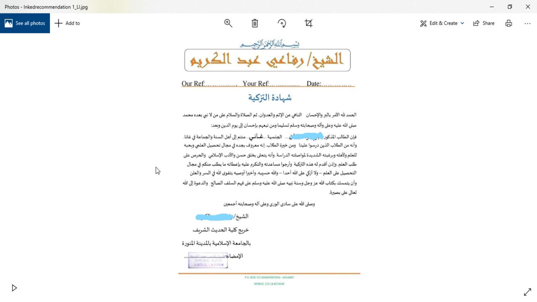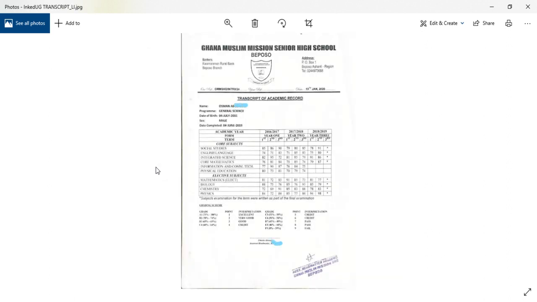Then your academic transcript. This is how a transcript looks, but it depends on the format your school decides to put their transcript in. So we have the transcript in this format. We also have other pages of your international passport.